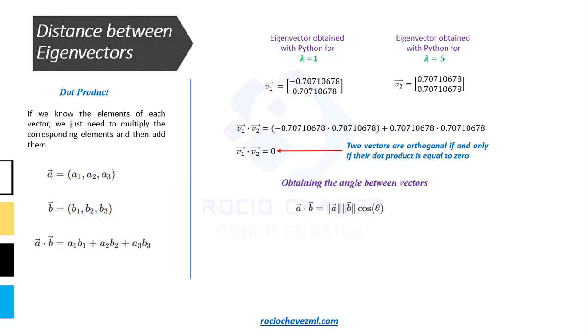To obtain the angle formed by the vectors, we substitute the values in the dot product equation, solve for the cosine function, and apply its inverse function. As I mentioned at the beginning of the example, when you have a symmetric matrix, its eigenvectors are orthogonal, that is, they are perpendicular.